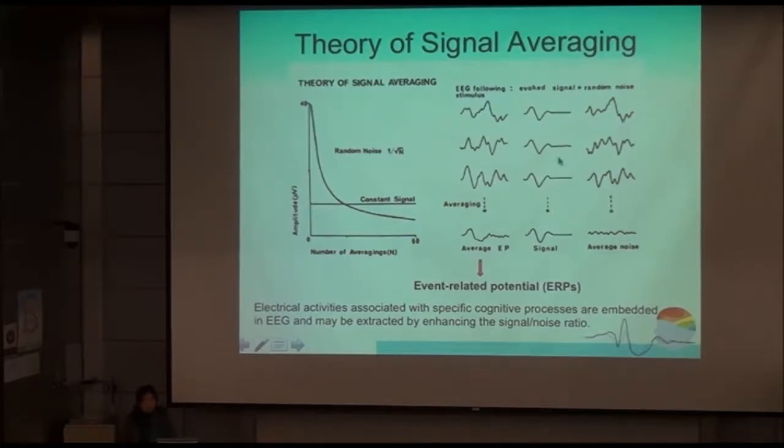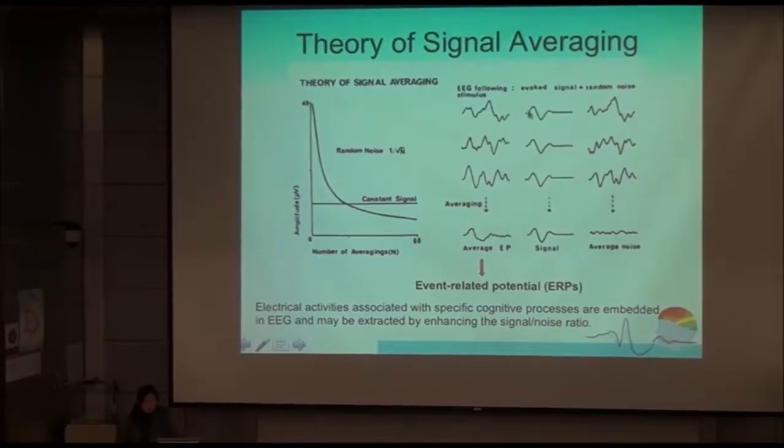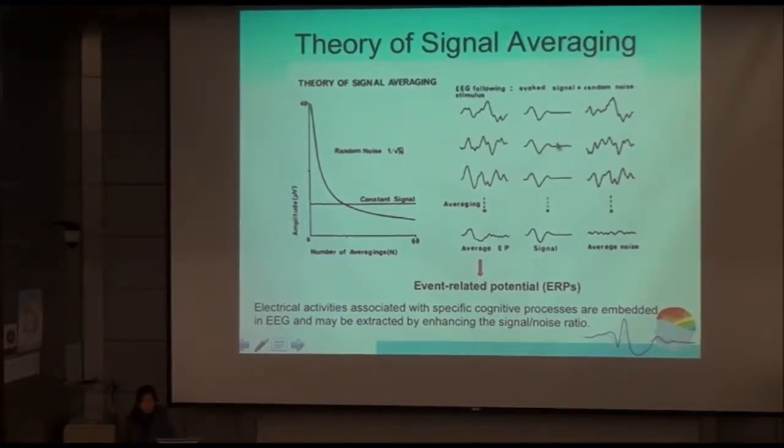When you average all these epochs together, the specific evoked signal is preserved, but the random noise cancels out. So you will be able to estimate the evoked potential by the averaging process, which increases the signal-to-noise ratio. So here is the so-called event-related potential.